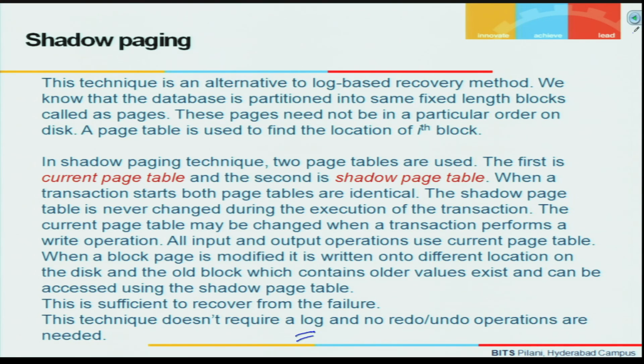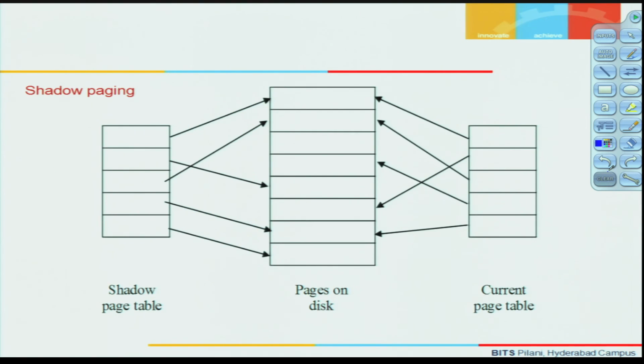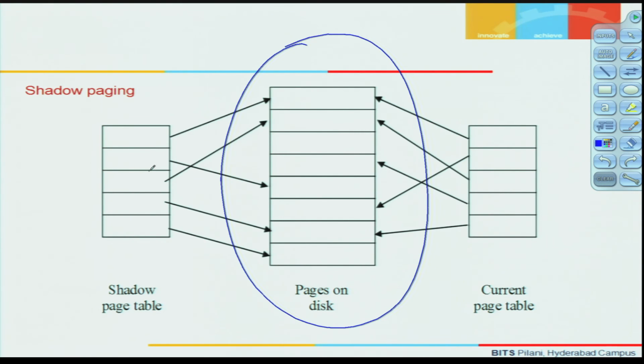Let us have a look at the diagram which gives us a clear idea. These are the pages on the disk, this is the page table. Let us assume that the database requires only 5 pages: 1, 2, 3, 4, 5. This is the shadow page table, this is the current page table, and at the time when you start the transaction, both are identical.